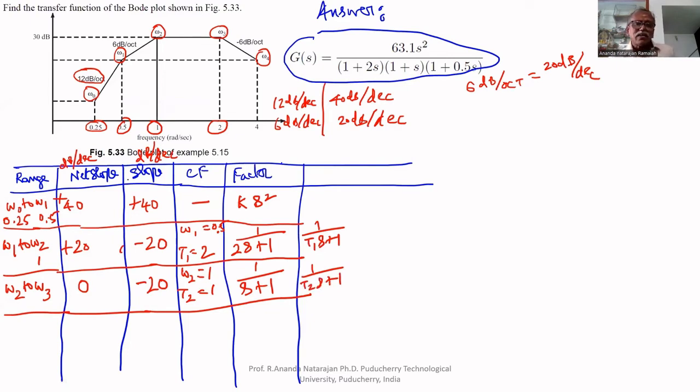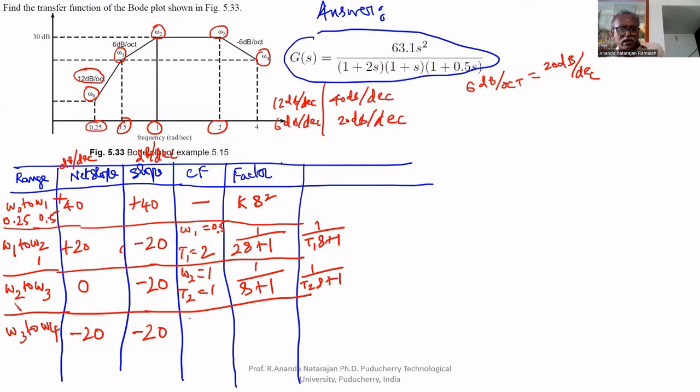So the next range is omega 3 to omega 4. Here it reduced to minus 6 dB per octave, therefore from 0 to minus 6 dB, which means minus 20 dB per decade. Therefore, the net becomes minus 20. 0 becoming minus 20 means the contribution is minus 20.